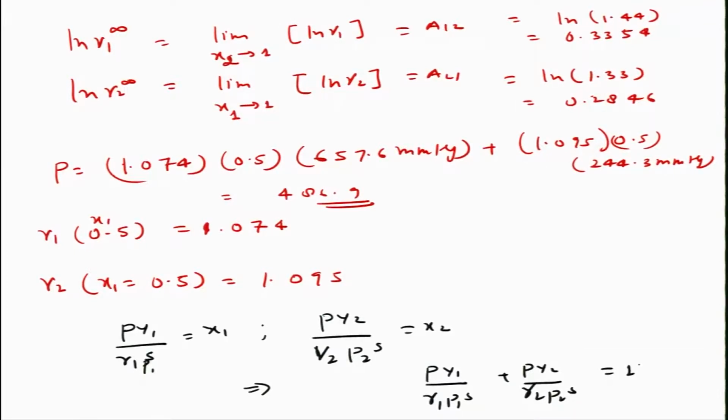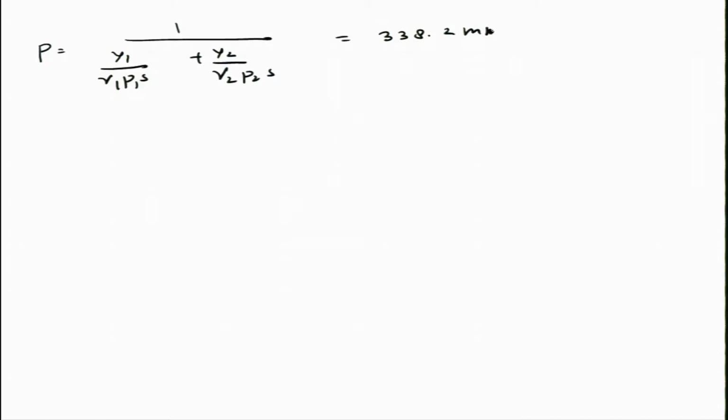From here we can find out the pressure. So P is 1 by y1 by gamma 1 P1 sat plus y2 by gamma 2 P2 sat, and if you plug in here 0.5, the gamma 1, this turns out to be 338.2 mmHg.